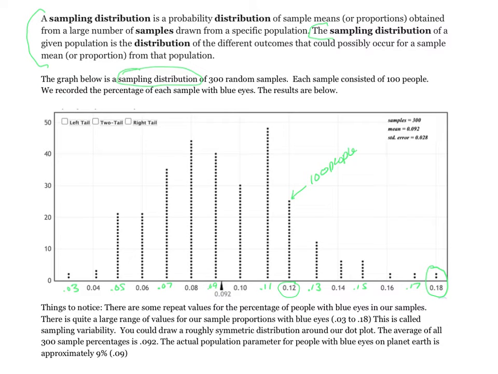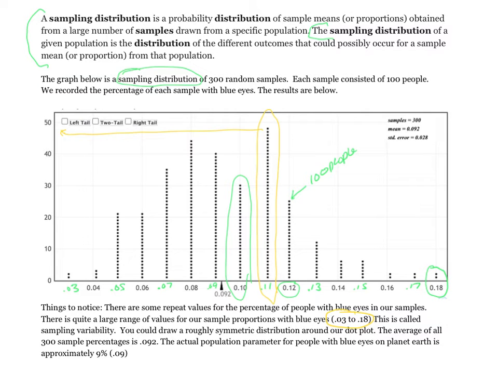A bunch of our samples ended up having 10% blue eyes. That would be this pile right here. That happened a bunch of times, almost 50 times, if I estimate over to the y-axis. So we did get repeat answers, but notice our answers varied anywhere from 3% blue eyes to 18% blue eyes.